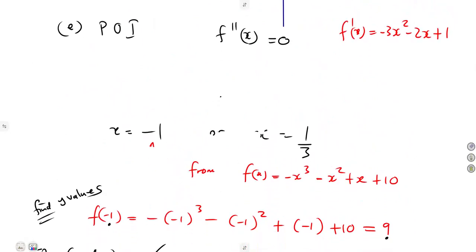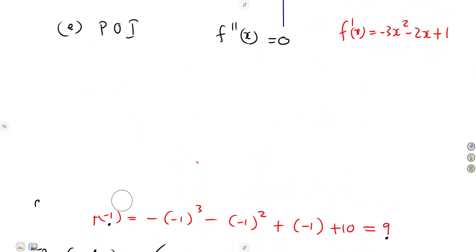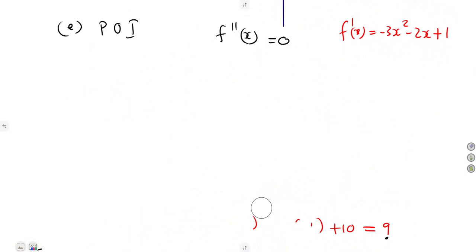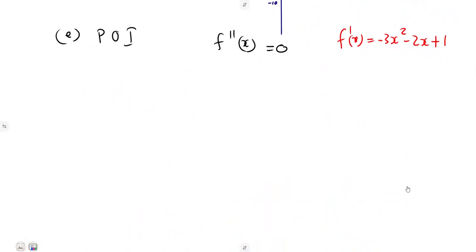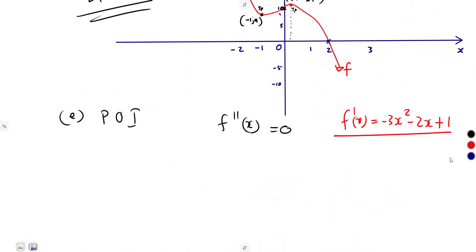So it is just a continuation from that first derivative. Do not start again to differentiate this. Yes, you can do that, but you already have your first derivative. So from there, continue, determine your second derivative.